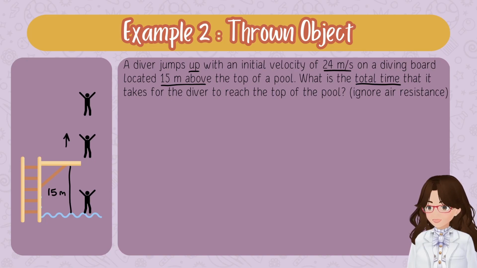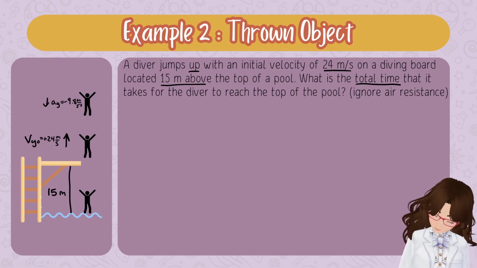They're originally jumping up with an initial velocity, Vy naught, equal to positive 24 meters per second. Again, they're still being affected by the acceleration due to gravity, so our acceleration is still downwards. And we're trying to figure out what is the total time that it takes for the diver to reach the top of the pool.